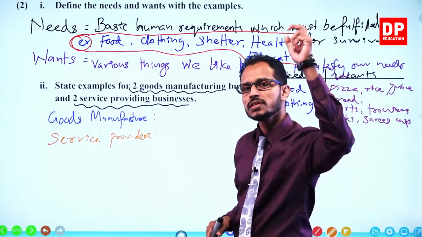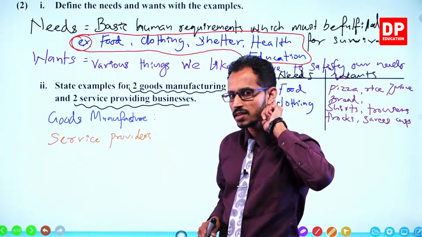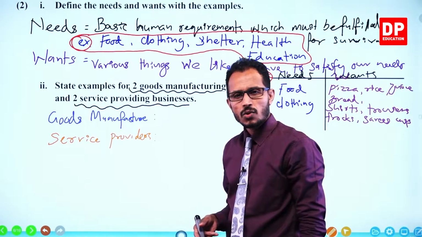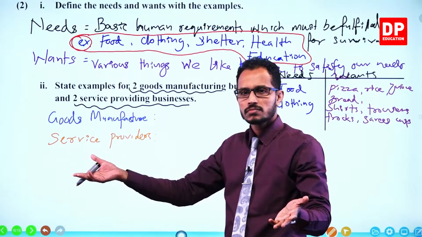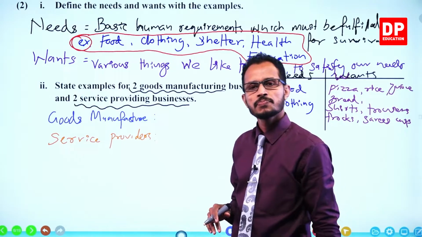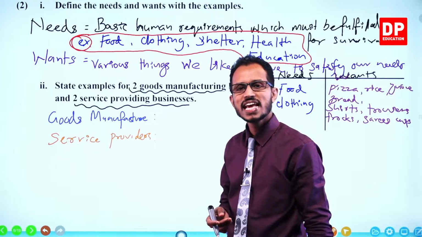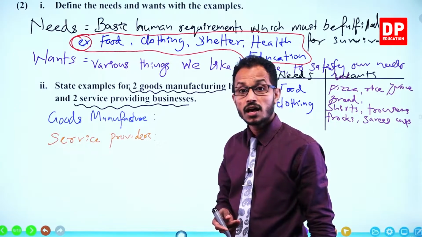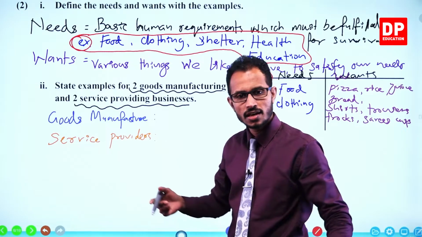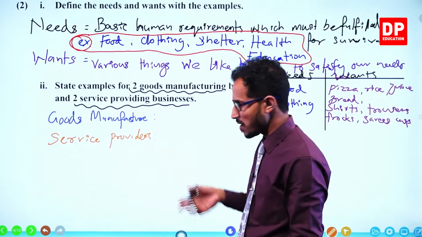What is that question? A retail business, yeah? Is it a service providing business? What do you think? A retail shop, a supermarket like Keells, like Cargills Food City, retail sellers, retailers. Are they service providing businesses? Of course. They are service providing businesses.